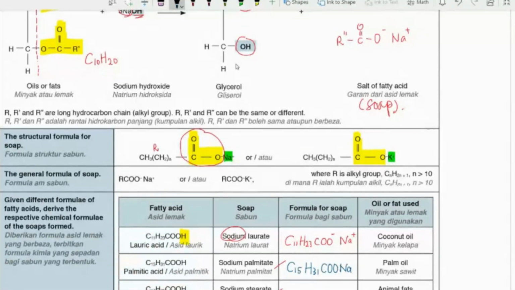Very good. So C17H35COONa. This one no need to memorize. For me, I wouldn't ask you to memorize it. It will give you the formula, then you have to know how to get the info from the question.